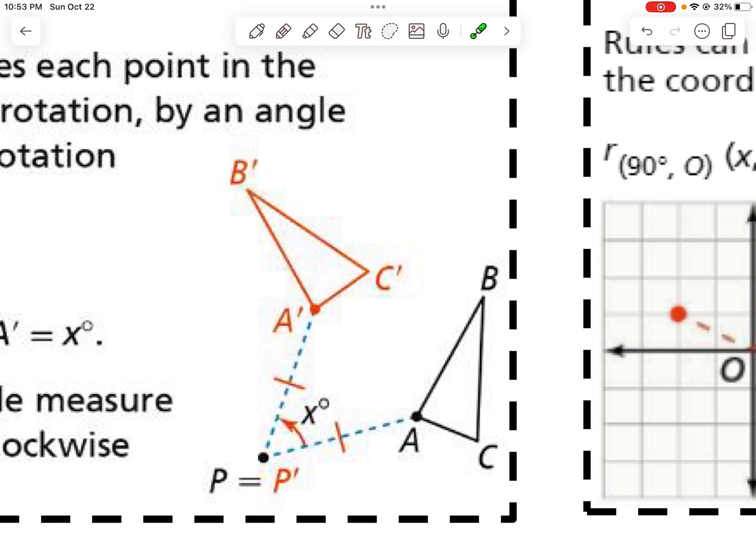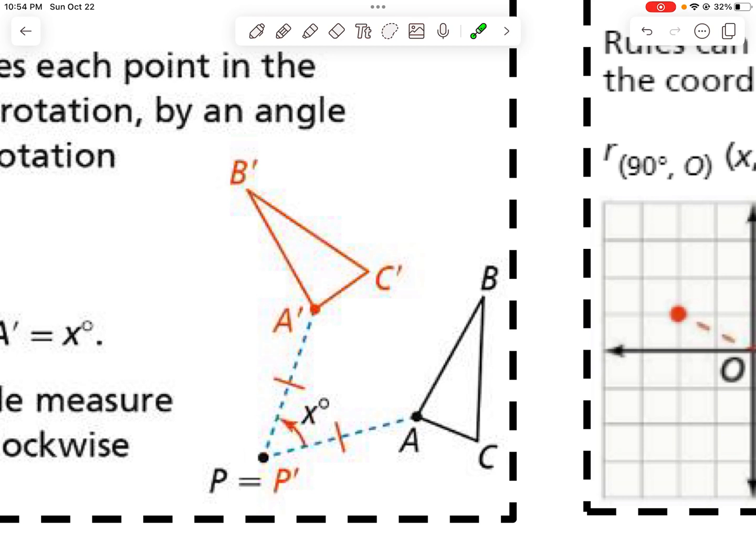The sun would be over here and would rotate this way from our perspective if we're in the center. But our shadows, because they are opposite the sun, would rotate this way. So clockwise is the opposite direction of almost all rotations that we encounter. Our normal rotation is counterclockwise, and that's going to be our positive rotation. Clockwise will be a negative rotation.